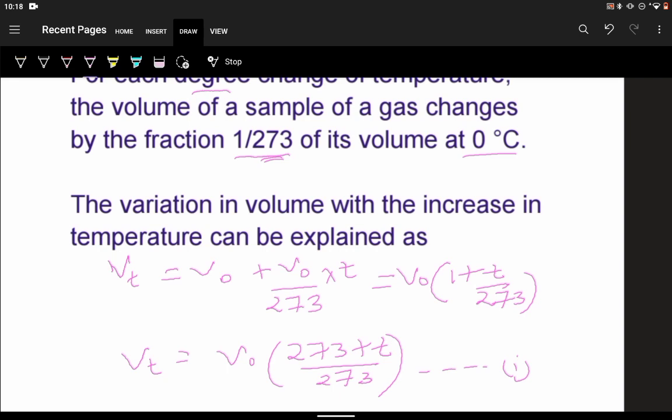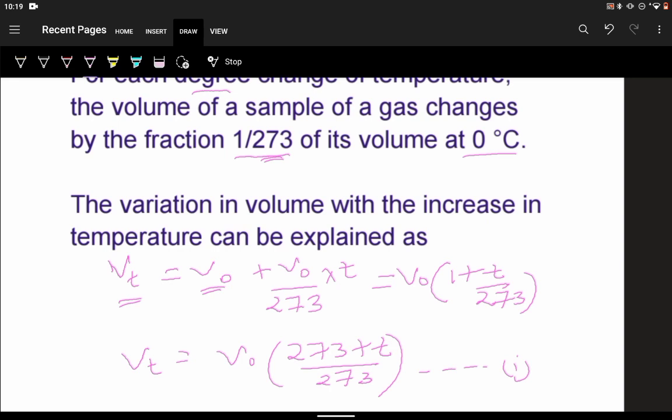Now, if V0 is the volume of the gas at 0 degree C, and when the temperature is increased by t degree, the new volume is denoted by Vt. So Vt is the new volume when the temperature is increased by t degree C, and V0 is the volume initially when the gas was at 0 degree C. Now mathematically, how can we denote Vt?